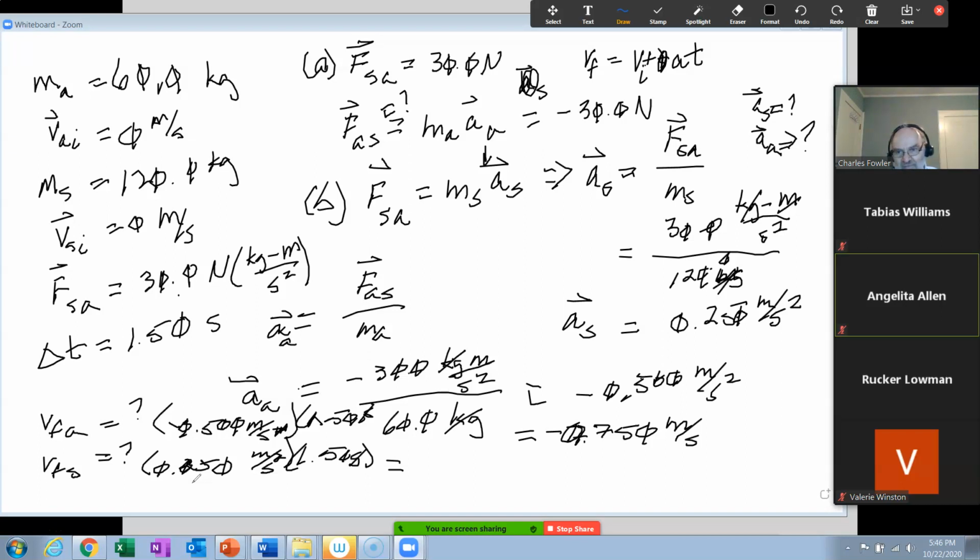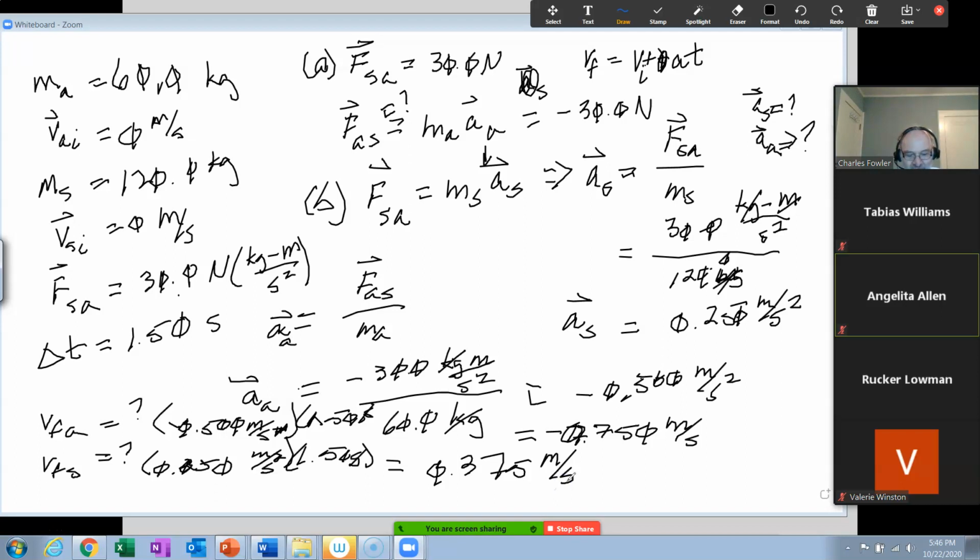Calculator will take care of significant digits times 1.5, which is really 1.50. That gives you 0.375 meters per second.